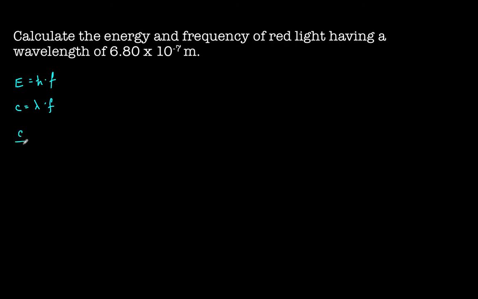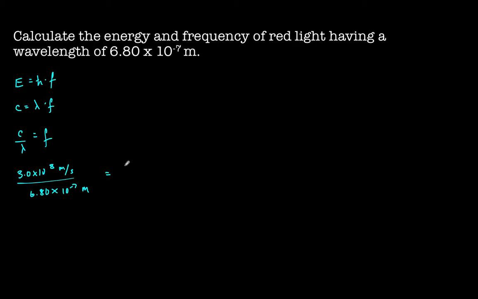I know c divided by wavelength equals my frequency. c is 3.0 times 10 to the 8th meters per second divided by my wavelength, 6.80 times 10 to the negative 7th meters. So I get a frequency then of 3e8 divided by 6.80e negative 7.